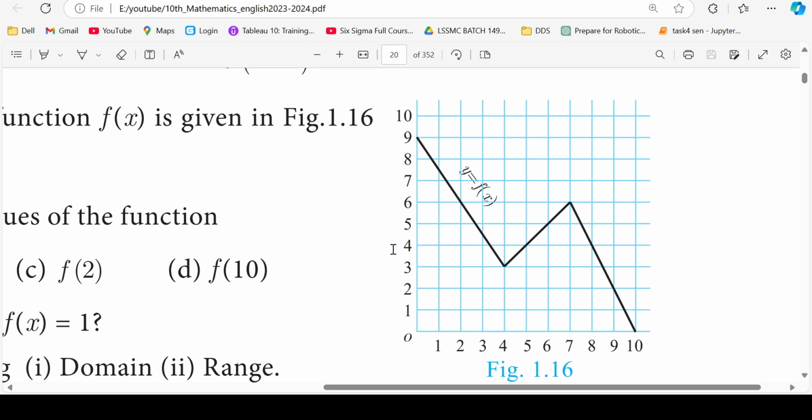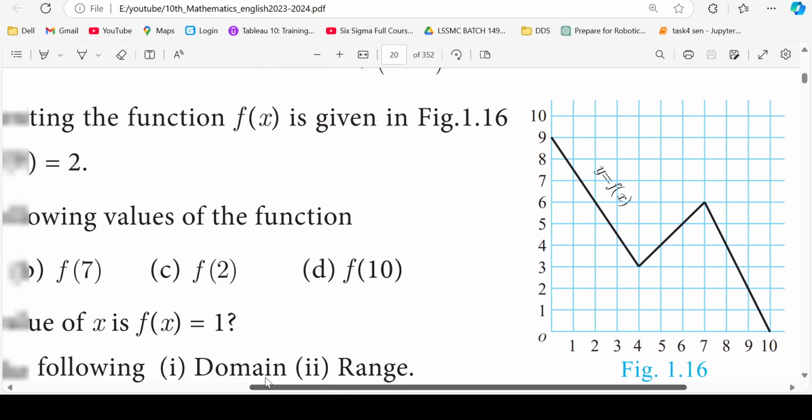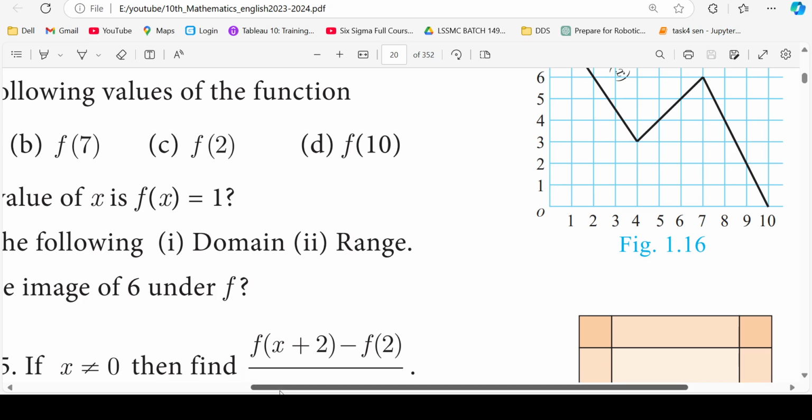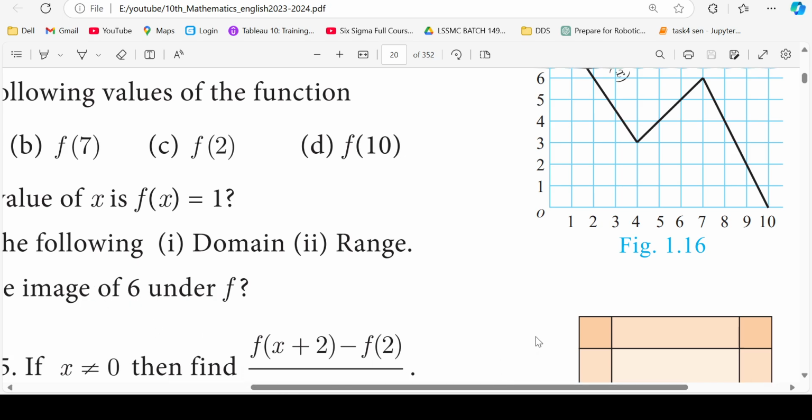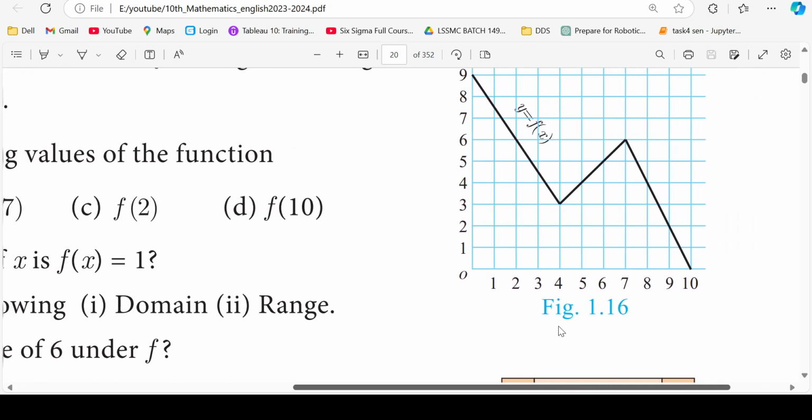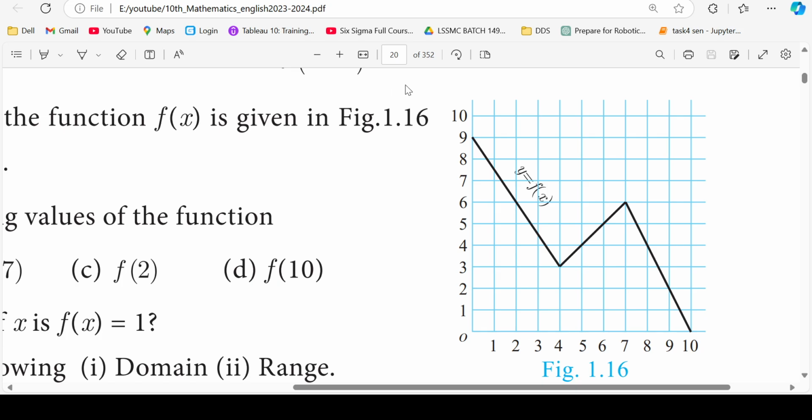Pre-image is the elements of the first set, and image is the elements of the second set. So we need to find the image, right? What is the question? Image of 6. So we have to find the image only. Image represents the second set.